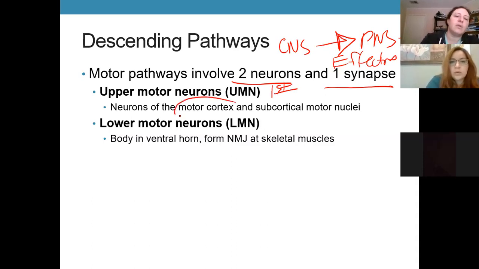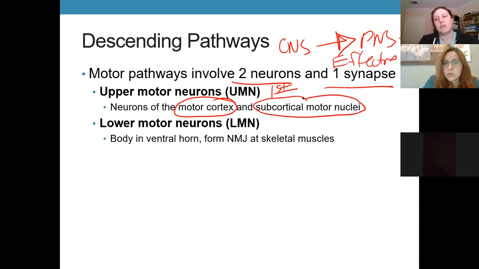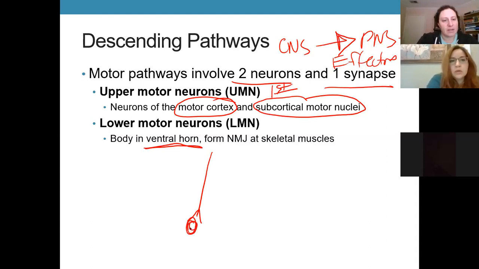So either in the motor cortex, so that's the cortical gray matter of the cerebrum, or subcortical motor nuclei, so somewhere lower in the brain. That's where the cell bodies are, and then they're going to send their axons down the spinal cord and synapse in the ventral horn. So remember, that's the gray matter with all the motor neurons in it, and the spinal cord, and then sends its axon out through a peripheral nervous system nerve and synapses with the effectors.